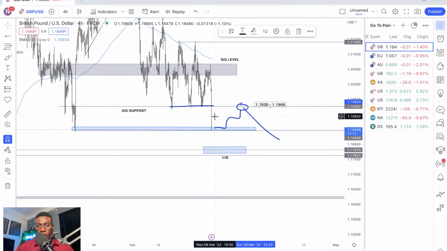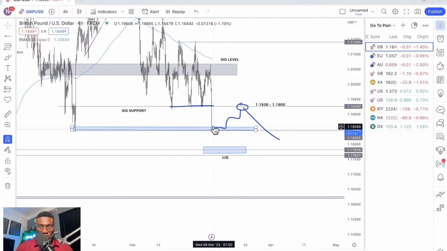But if you haven't opened any trade on pound dollar right now, what I'll tell you to do is to just observe how the market reacts in this zone, because this is a very significant zone in the pound dollar market, and you can take your trades off what it does, right?